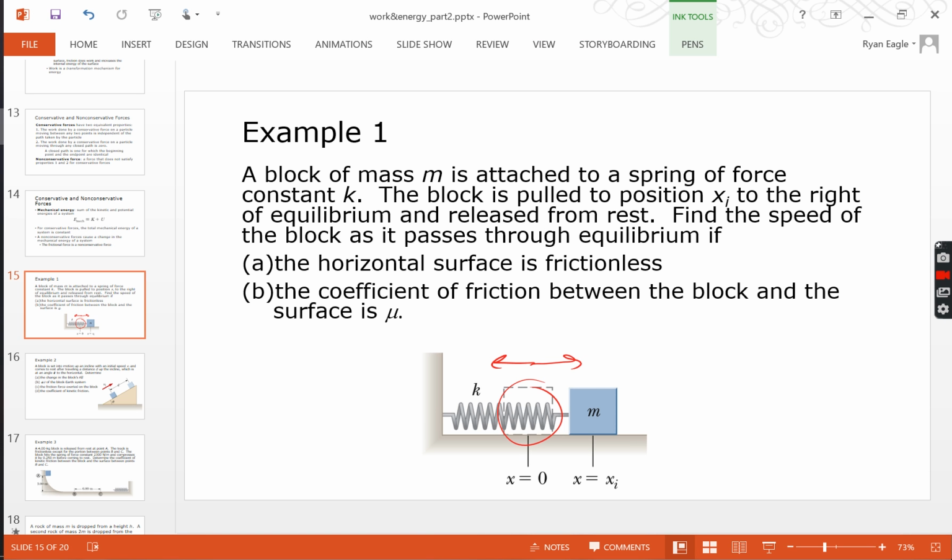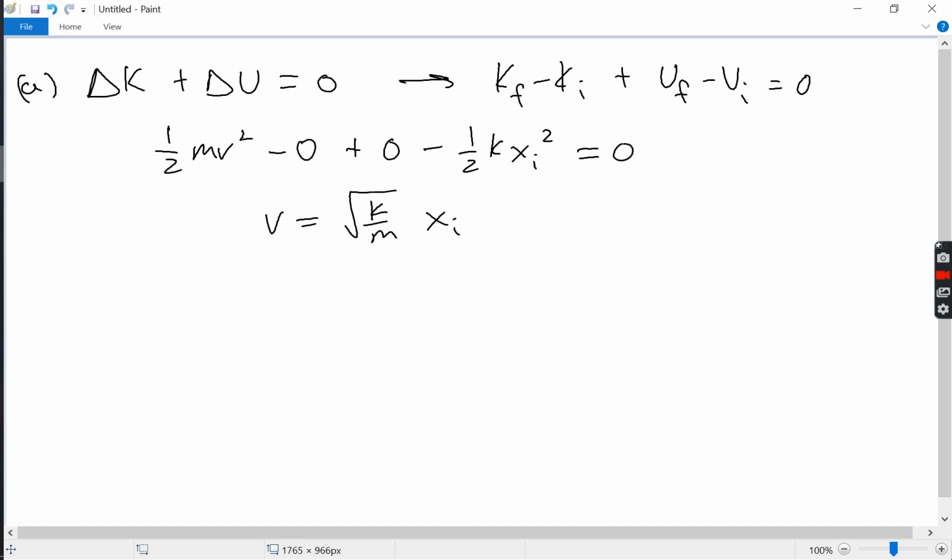So if we go back here and look at part B, now we're adding in the coefficient of friction between the block and the surface. We start out solving that the same way, only now we've got our delta K and our delta U. Now we have a change in internal energy because of that work done by friction.